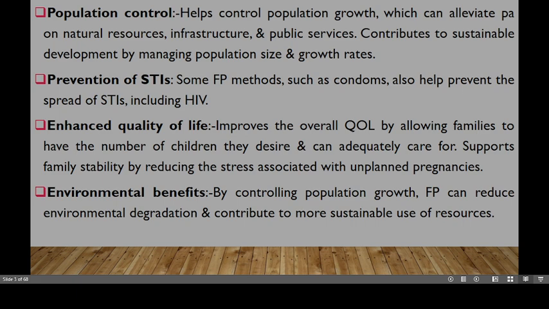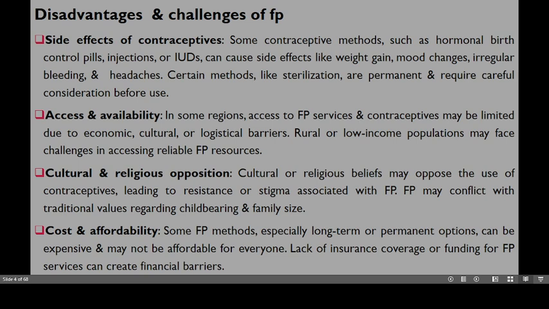So, in doing so, family planning supports family stability by reducing the stress associated with unintended and unplanned pregnancies. By controlling population growth, family planning can reduce environmental degradation and also contribute to more sustainable use of resources.